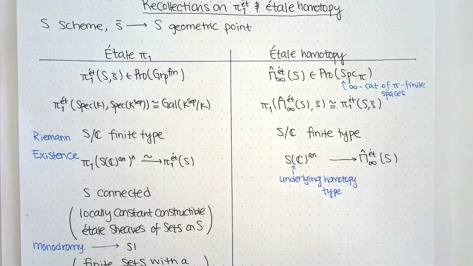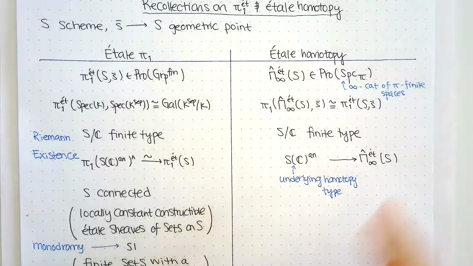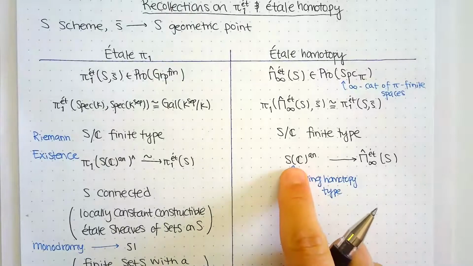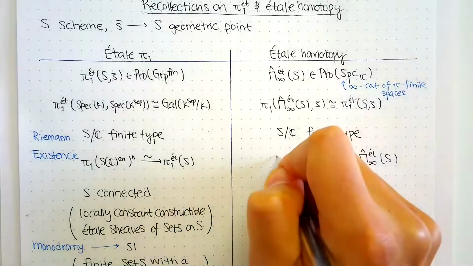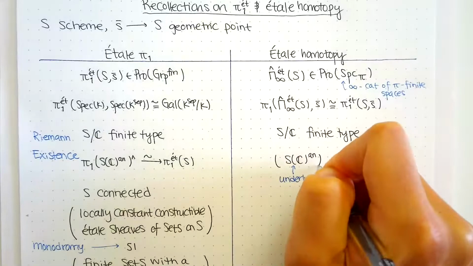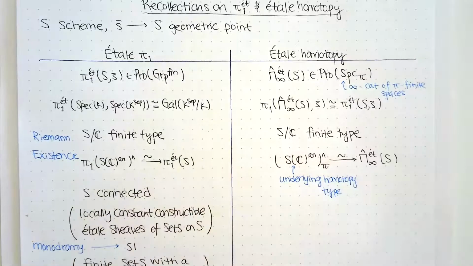But, of course, again, it's not going to be an equivalence. This is just some space. This is some profinite space. But it's an equivalence after profinite completion. So I'll write it like that. It becomes an equivalence after profinite completion.